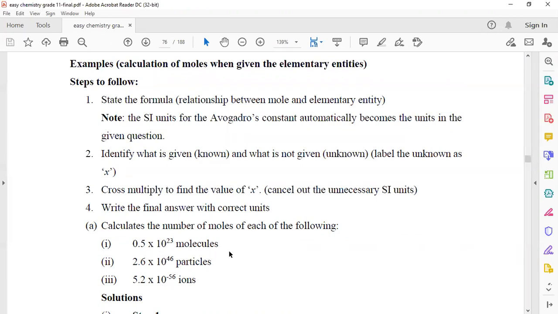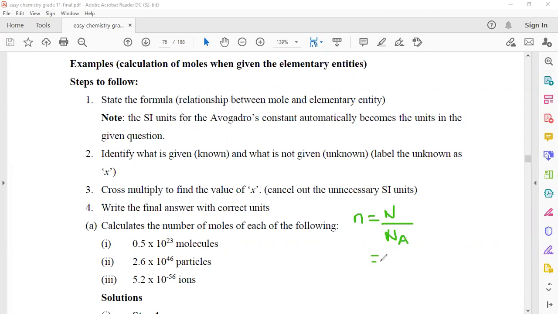So we're given the number of molecules, the number of particles, the number of ions. When we go to the formula, if we decide to use this formula, number of moles is equal to number of elementary entities divided by Avogadro's constant.